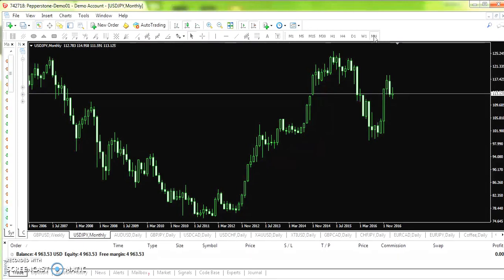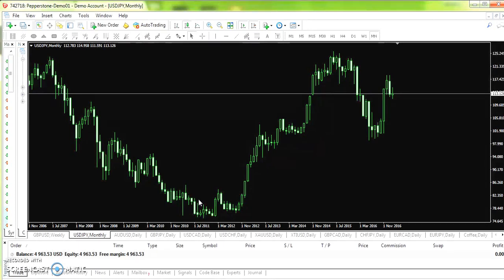So a general view is, as you can see, from the 1st of July 2007, this particular pair has been in a downward move up till the 1st of March 2012, right? So this trend we may call a sell trend, a bear market.